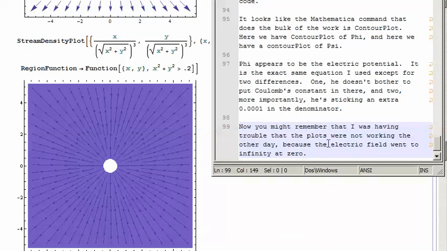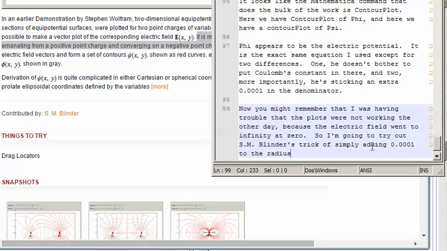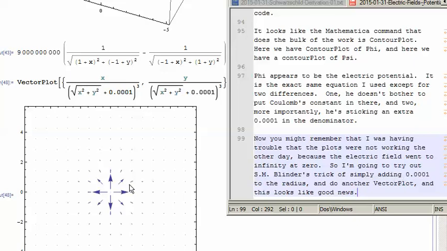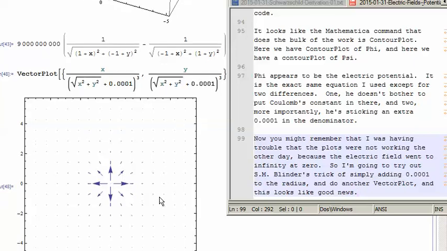Now you might remember that I was having trouble because the plots were not working the other day because the electric field went to infinity at the origin. So I'm going to try out S. M. Blinder's trick of simply adding 0.0001 to the radius, and do another vector plot, and this looks like good news.